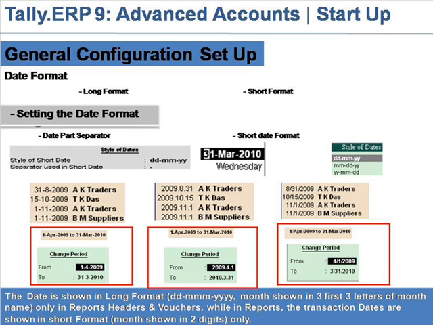The date is shown in long format DD-MMM-YYYY. The month is shown in the first three letters of the month name only in report headers and vouchers, while in reports the transaction dates are shown in short format, that is, month shown in 2 digits only.